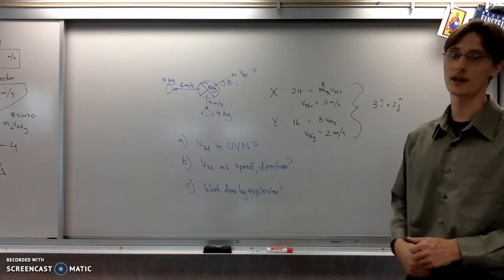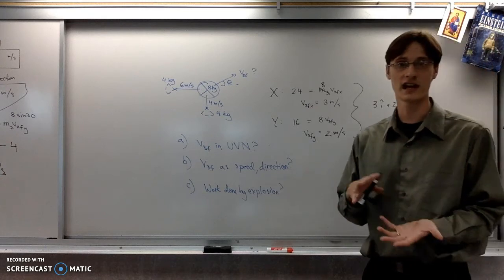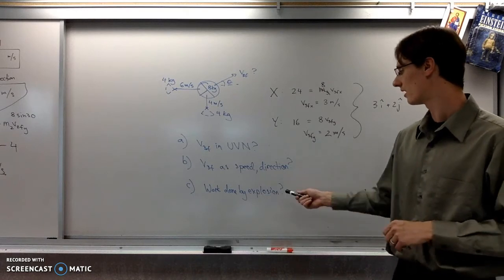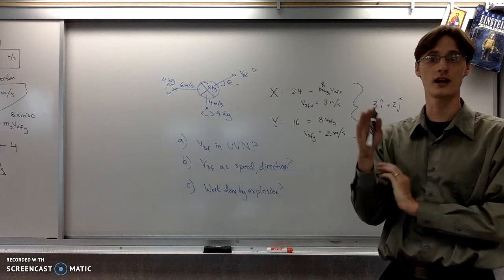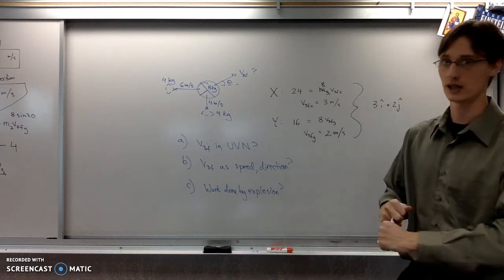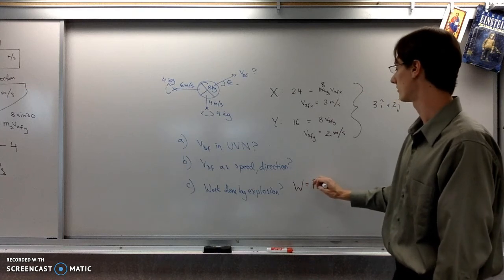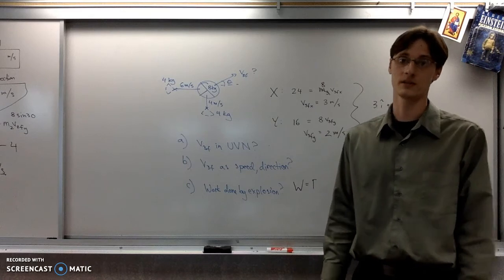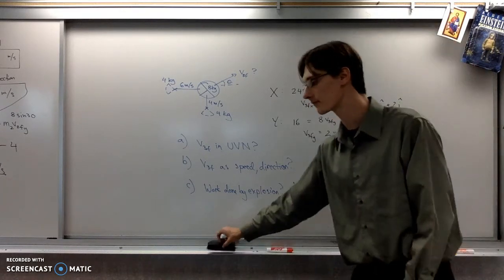Now, for the work done by the explosion, I'm only asking this because it's an extension/review question, right? And you do need to have review from time to time. Whenever we say work, a lot of people immediately go straight to, oh yeah, force times distance. Got it, Mr. Errico. Right, work equals force times distance. But you can't do it that way because you don't know anything about the force or the distance.